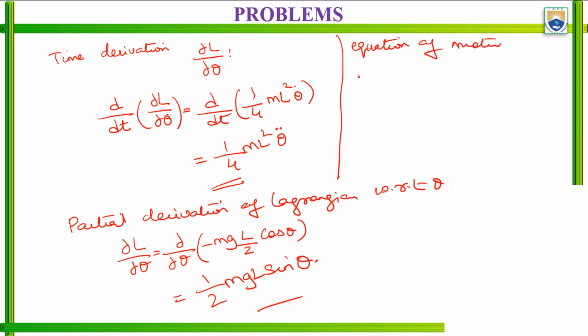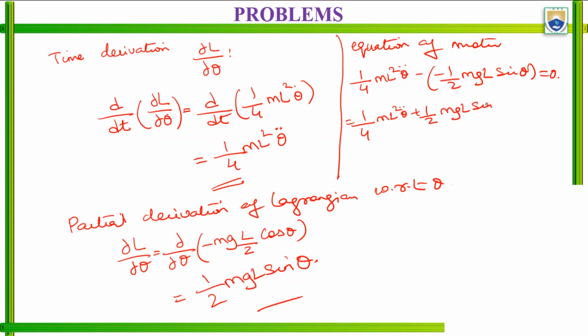So how will we find out the equation of motion? It is nothing but 1 by 4 ml square theta double dot minus 1 by 2 mgL sin theta is equal to 0. So this is how we write the equation of motion. That further, when we solve, we will be getting 1 by 4 ml square theta double dot plus 1 by 2 mgL sin theta equal to 0.